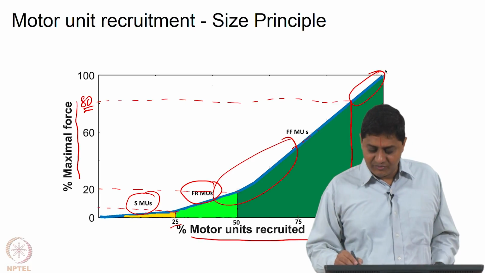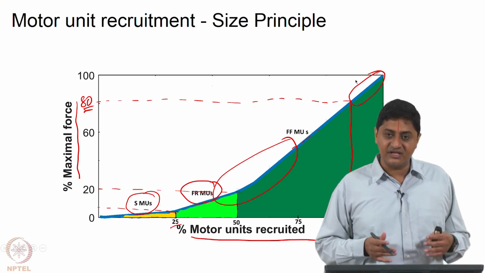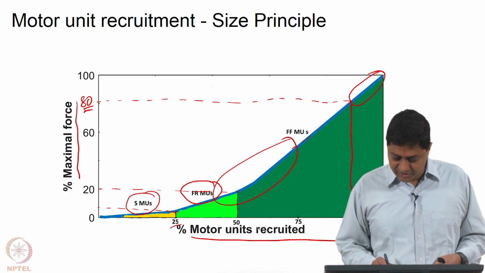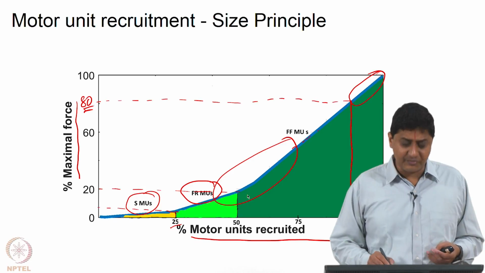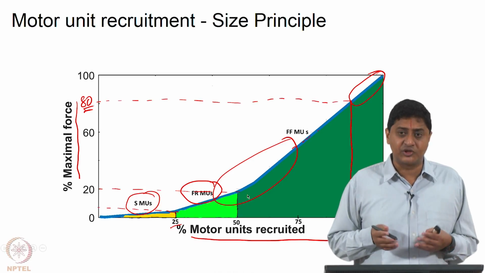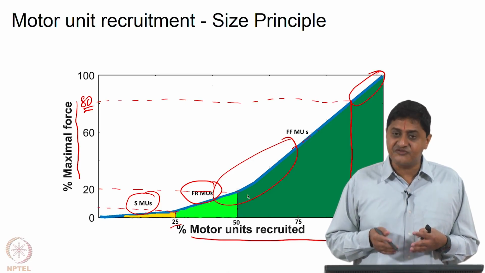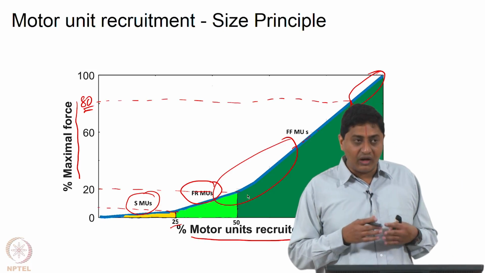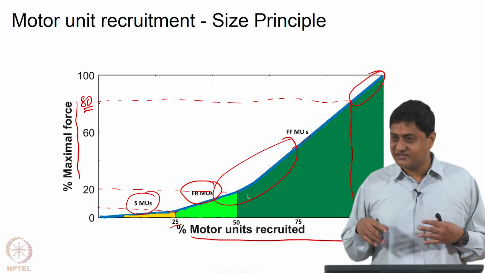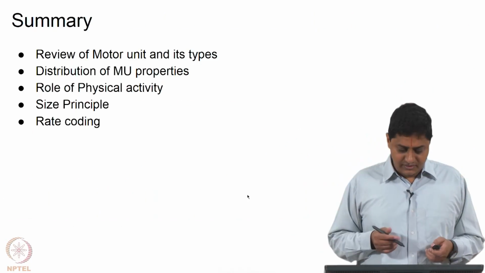But it turns out that even below 100% recruitment, even when 50% or 60% or 70% of the motor units are recruited, force can be increased by increasing the firing rate of the motor neurons. At all times force can be increased by increasing the firing rate. That is the principle.